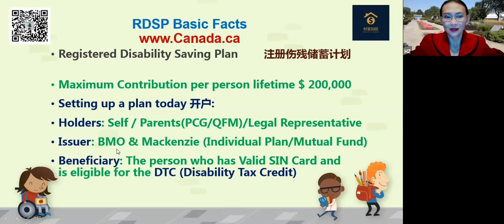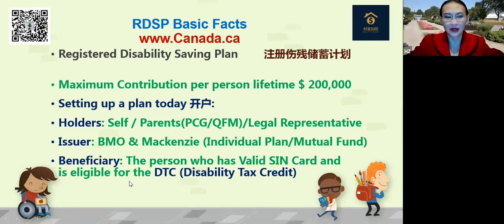The issuer is usually the financial institution, for example, Bank of Montreal, Mackenzie. Usually we set up the individual plan and we invest in mutual funds. Then also the beneficiary, the person who has a valid SIN and is eligible for the DTC.